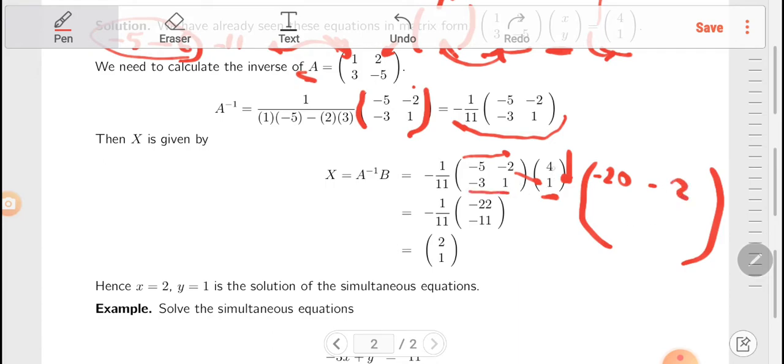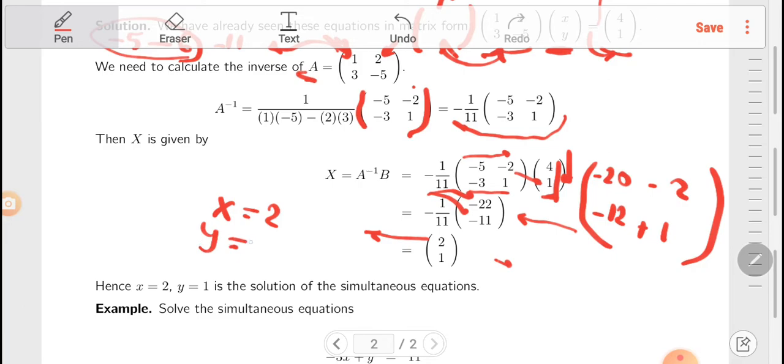Second row, first column: negative 3 times 4 plus 1 times 1. So the matrix becomes negative 22 and negative 11. Multiply by negative 1 over 11 for both members. Negative 1 over 11 times negative 22 becomes 2. Negative 1 over 11 times negative 11 becomes 1. So x equals 2 and y equals 1. We have finished our work.